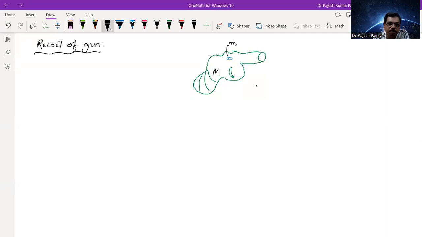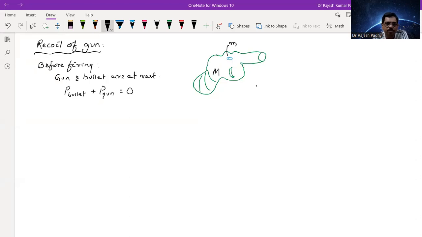Now, at the beginning, before firing, both gun and bullet are at rest. So, momentum of bullet plus momentum of gun is equal to 0. Total momentum before fire is 0.